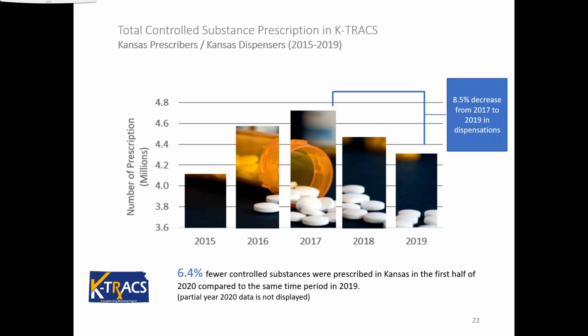But what we can see is that probably all of those things are having an effect on how prescriptions for opioids and other controlled substances are being written and checked within our state. You can see that 2017 was sort of a peak for us in this 5 years look at data, and things are trending downward. So that's really good news. Next slide, please.